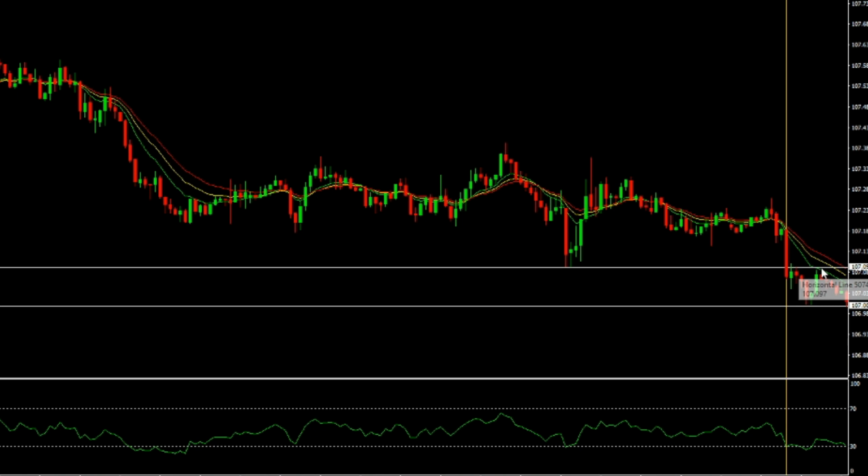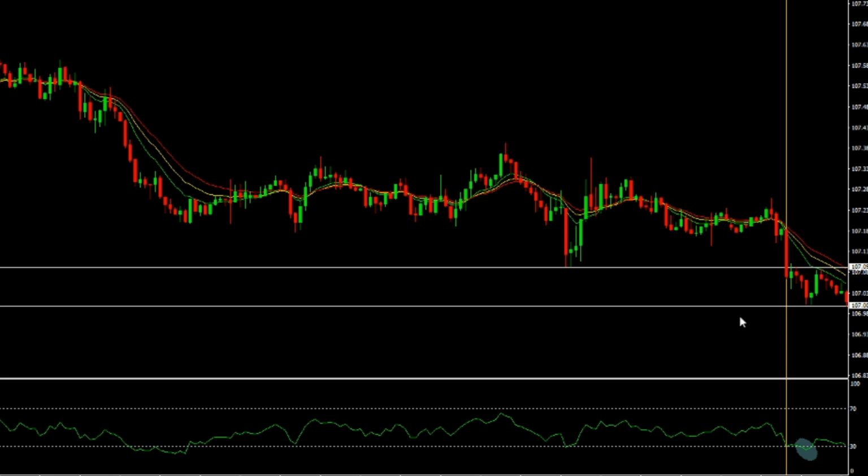So if we place our order here, this is already a reversal. As you see, it is already oversold, so there's a chance that the price will bounce.